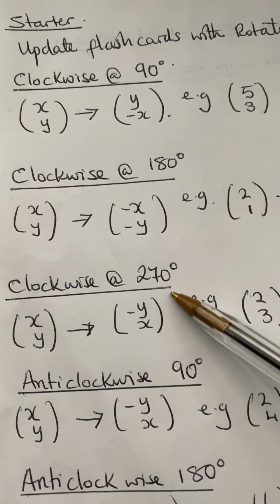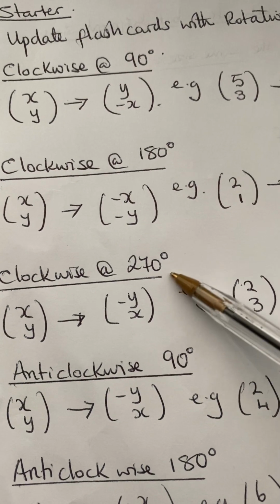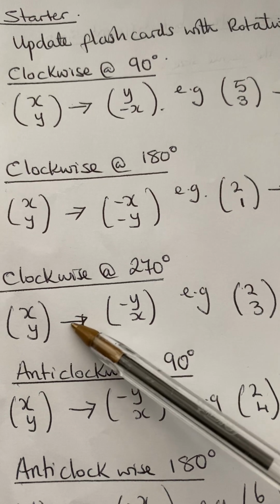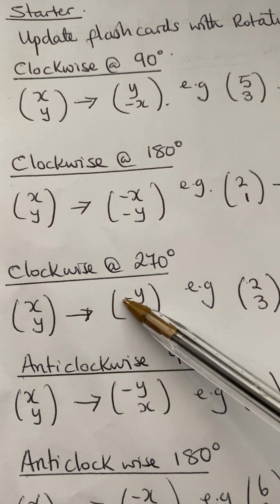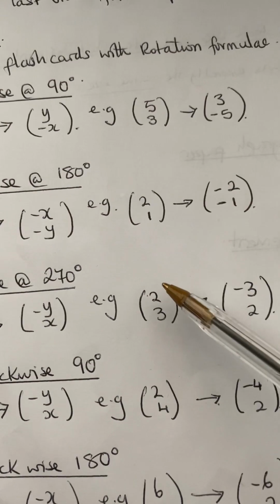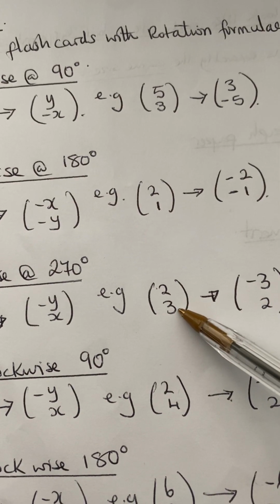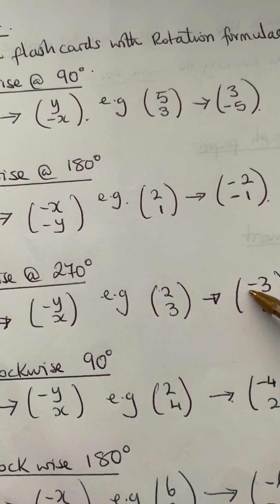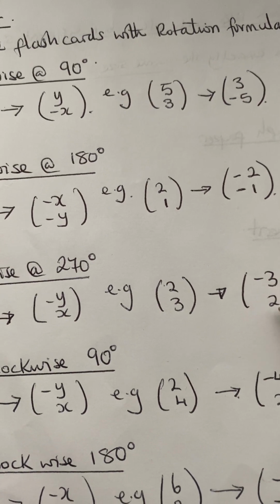For clockwise 270, (x, y) becomes (minus y, x). So if you have the point (2, 3), you are going to end up getting (minus 3, 2).